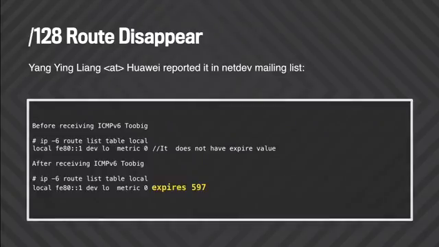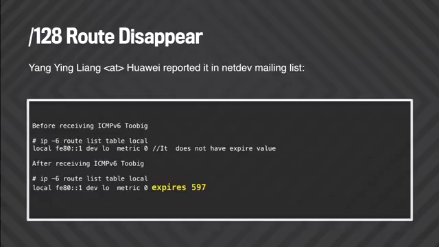Now this one I also find very interesting. In the V6 routing tree, some of the routes can suddenly disappear. It was reported by Ying from Huawei on the mailing list. So we took a look at it. We understood the problem.